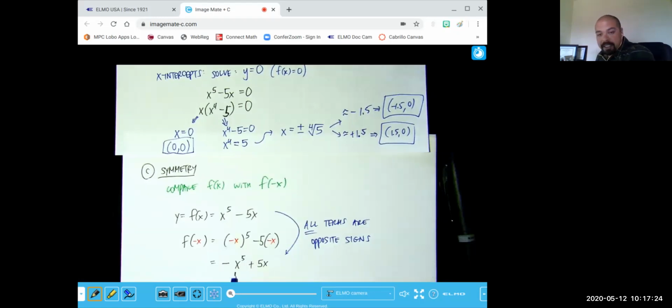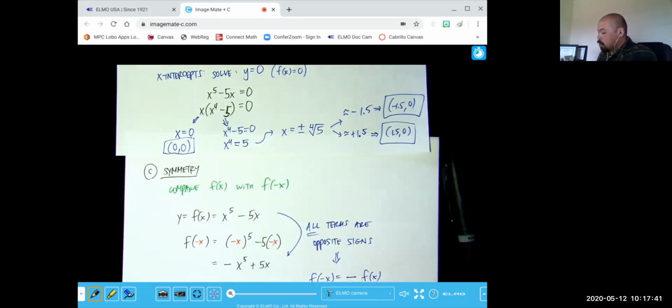Now I have a negative x to the fifth. Here, a minus 5x to the first. Now I have a plus 5x. So all my terms have changed signs, and that has to be true for the entire expression. So in that case, this means that f of negative x is negative f of x. So this means we have odd symmetry.